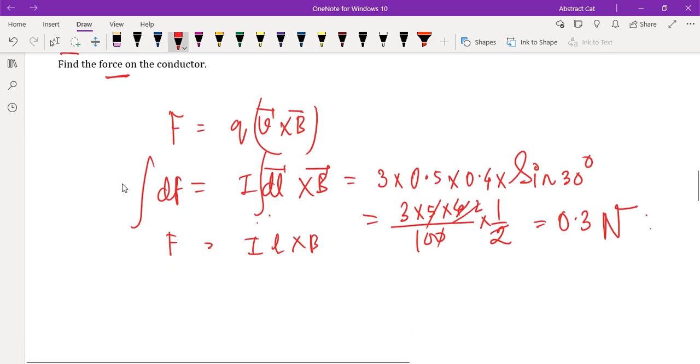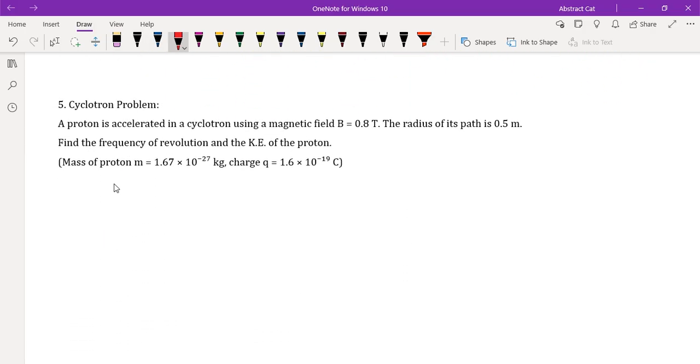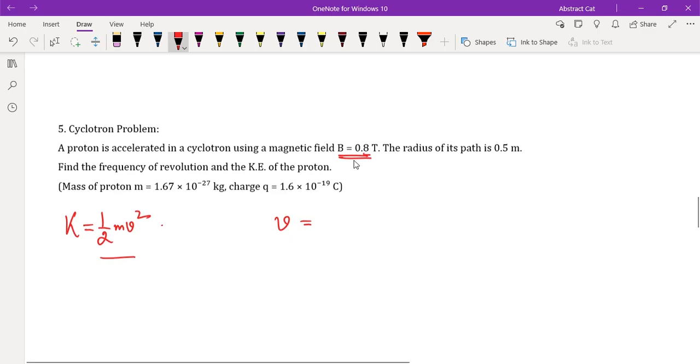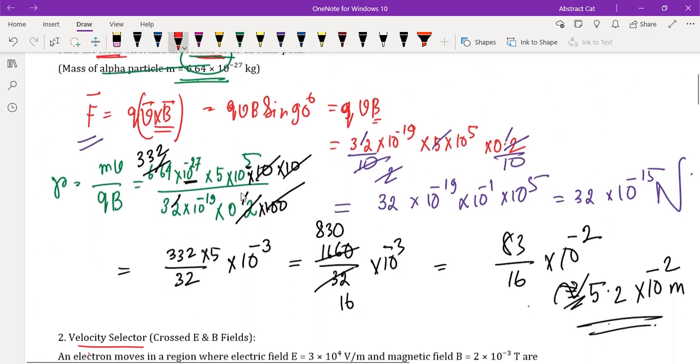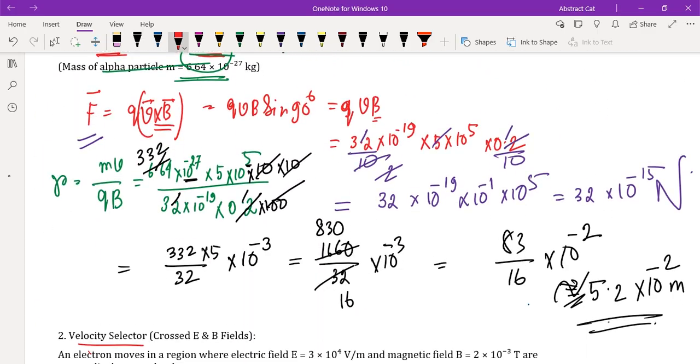Okay, now question number 5. A cyclotron problem. A proton is accelerated in a cyclotron using a magnetic field of 0.8 Tesla with the radius of the path 0.5 meter. Find the frequency of revolution and the kinetic energy of the proton. So the kinetic energy K is half m v square. We find v from here, that is qBr by m.